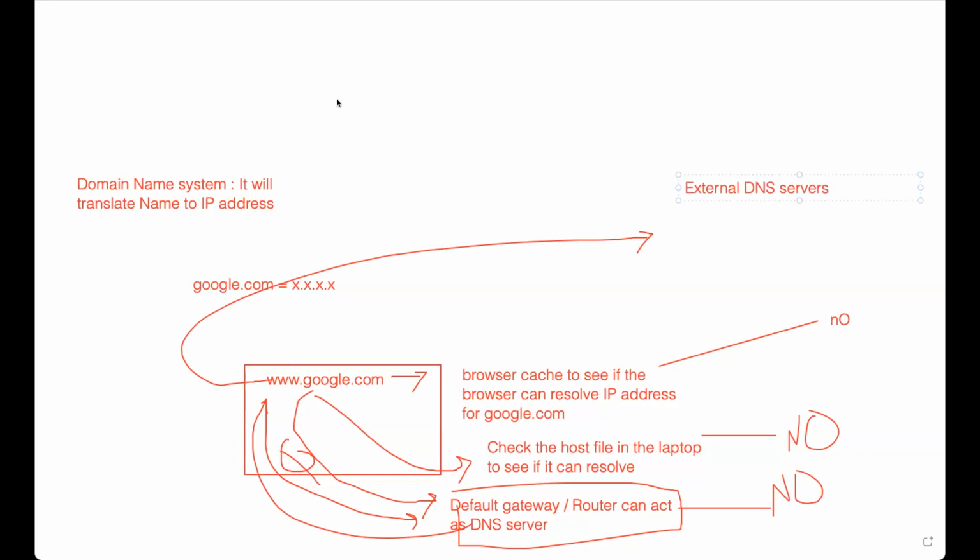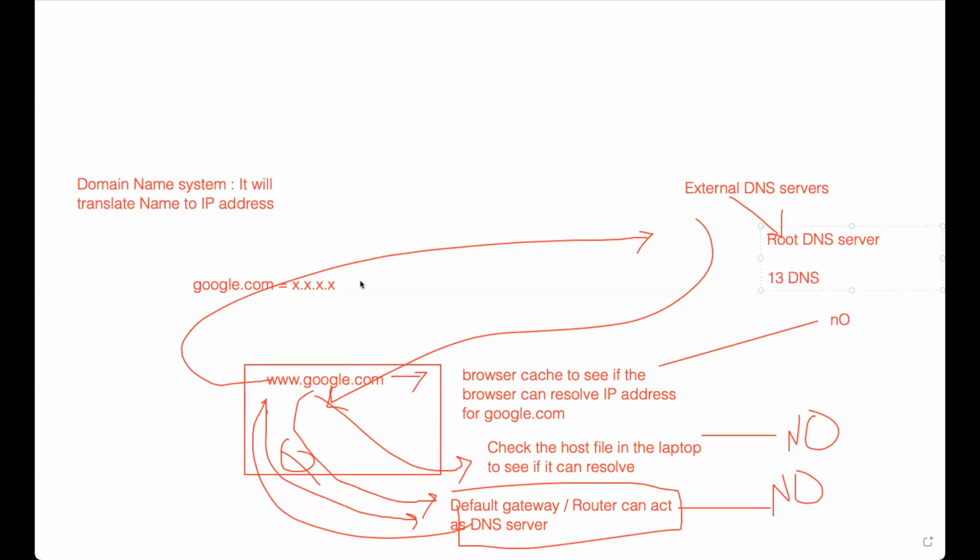If it sends the response back, that is fine. If there is no response, that external DNS server will talk to the root DNS server. There are 13 root DNS servers across the globe. Whichever is closest to your country, the request will go to that root DNS server.